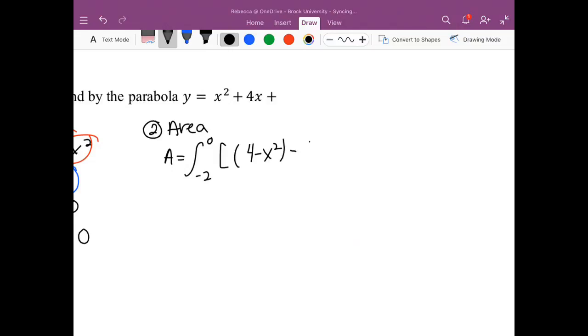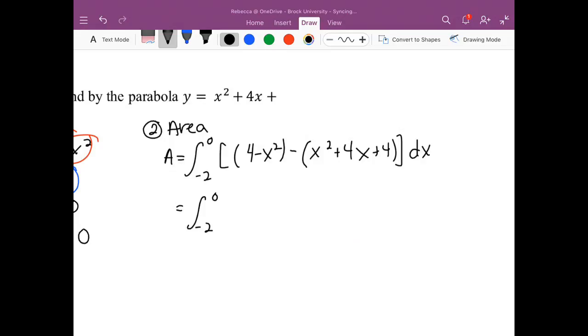And I'm subtracting that from my second parabola there. Now this question is going to be pretty heavy in your algebra, so you need to make sure that your negative signs follow through. If you need to do some algebra on the side and not within the area formula, then that's perfectly fine.